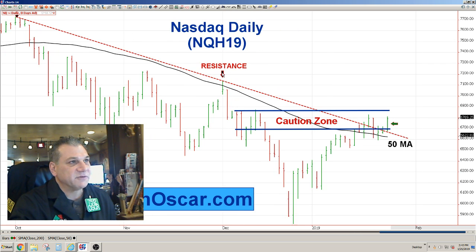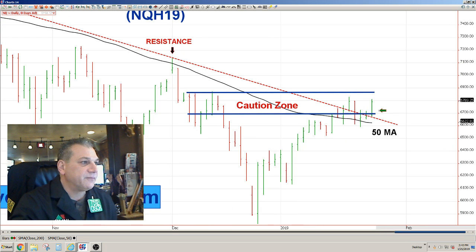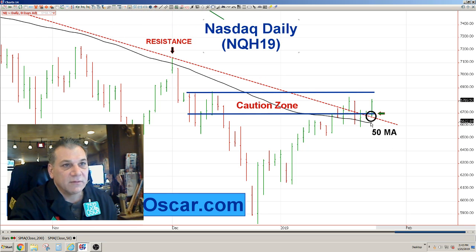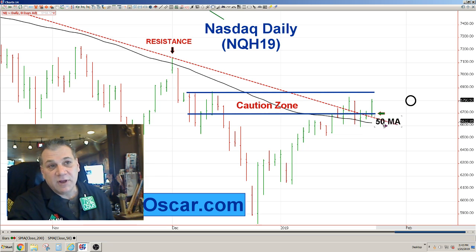Remember we talked about the resistance line and that we got back above that resistance line? And we are clearly now above the resistance line, which comes in right here. And it's rallied pretty smartly. So, you know, and above, once again, above the 50 ball moving average.